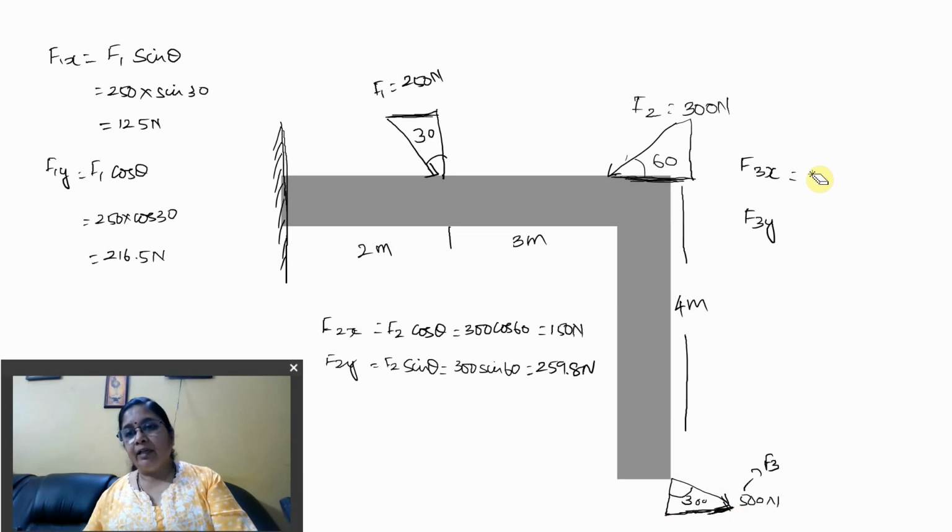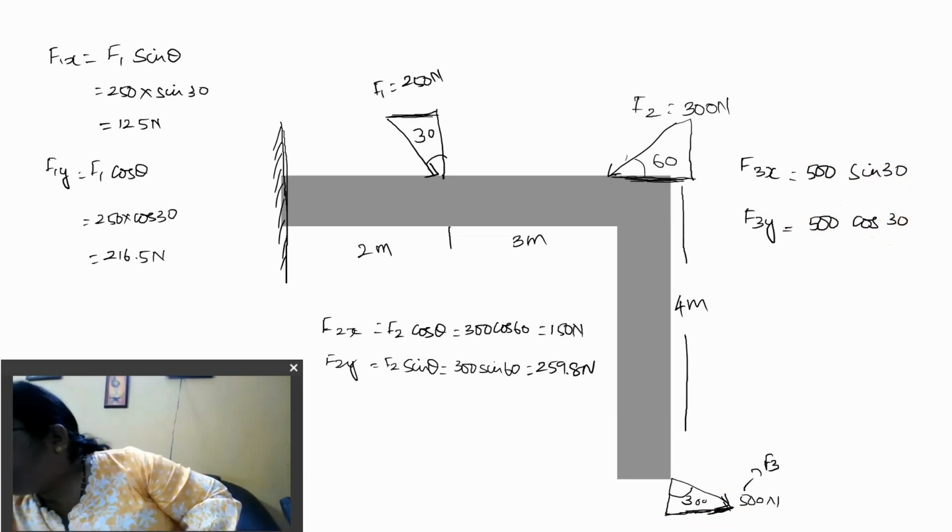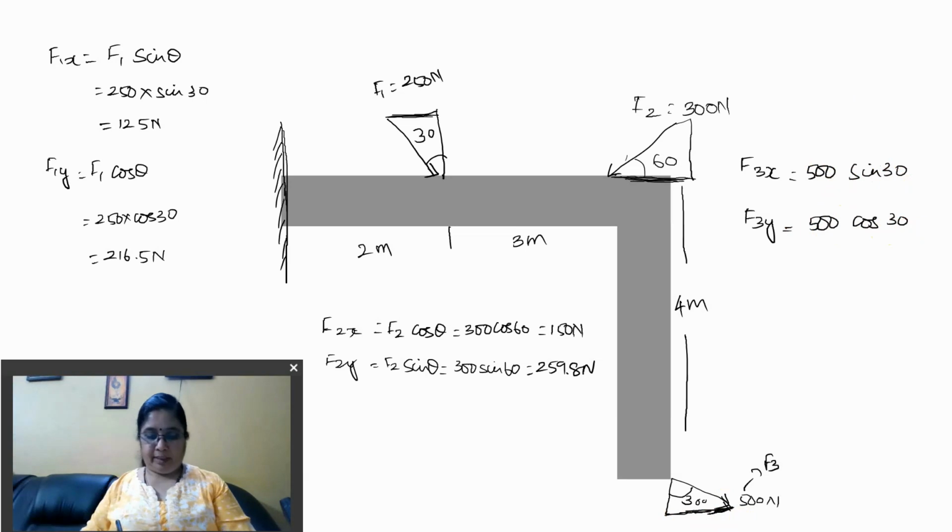So you will have F3, 500 into sine 30, and you'll also have here 500 into cos 30. Let me try to calculate it. So you will have here, let me see, sine 30.